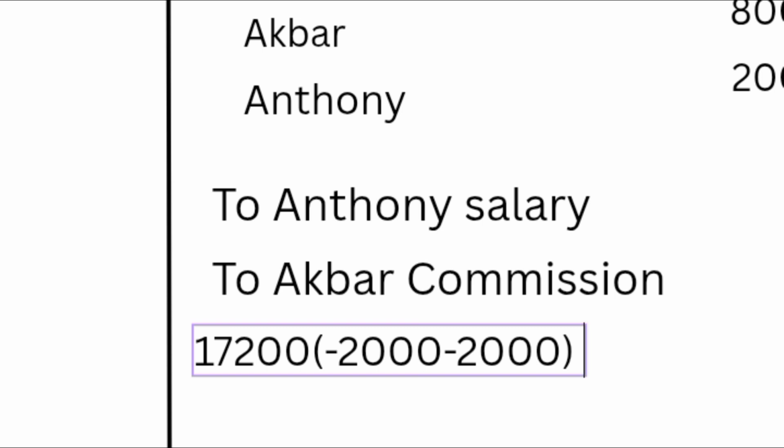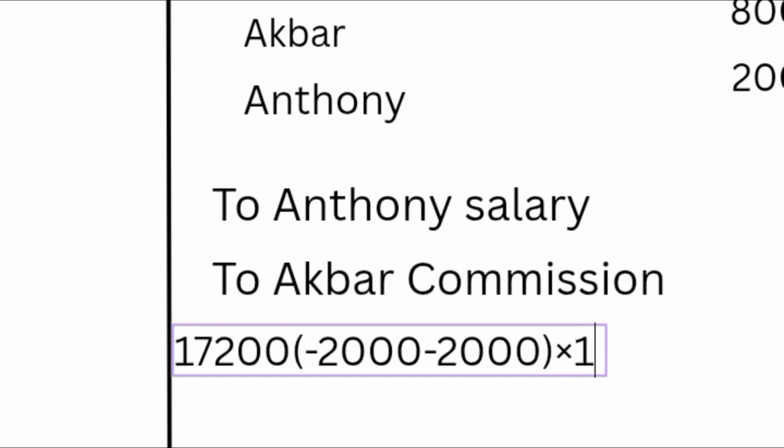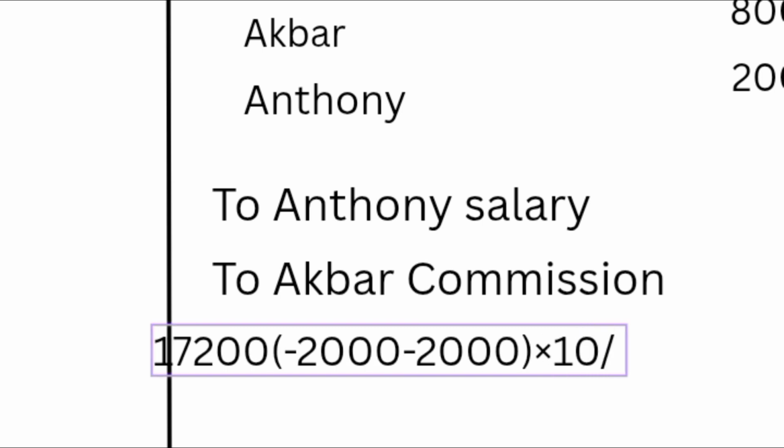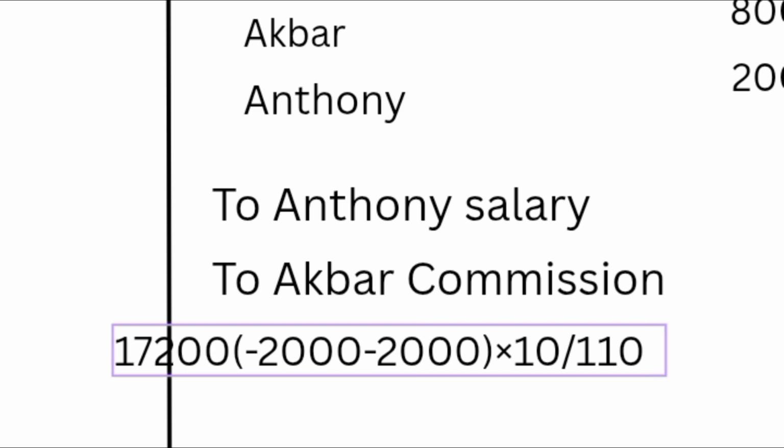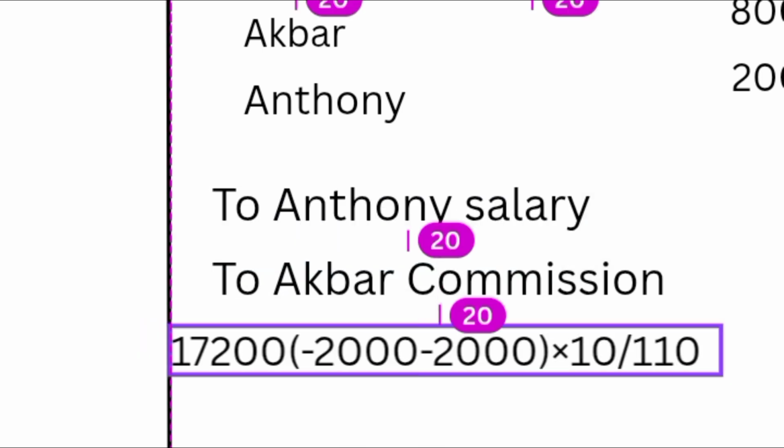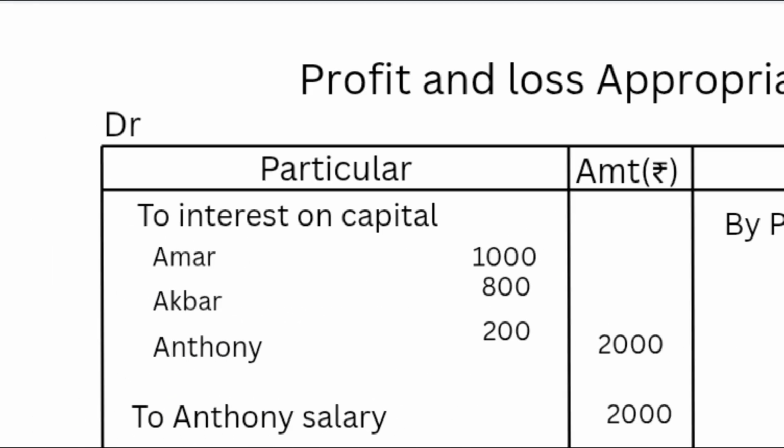So 17,200 minus 4,000 we get 13,200. Then multiplied by 10 divided by 110, we get 1,200.